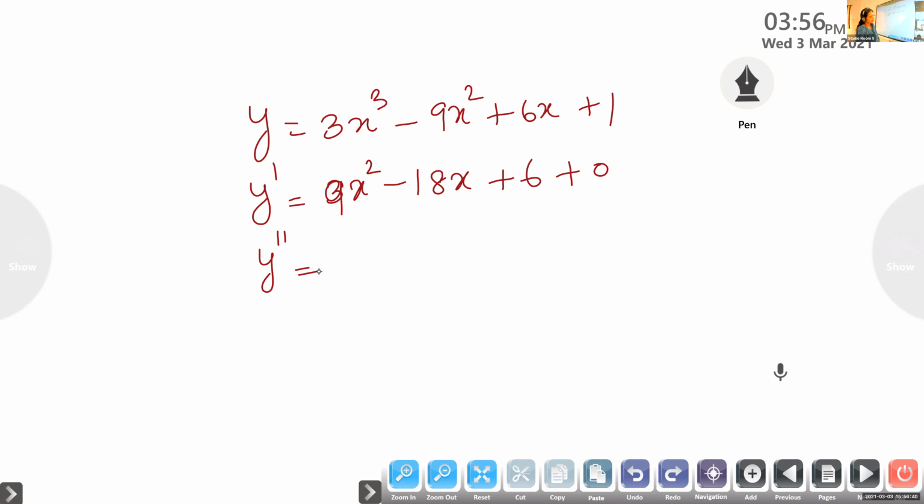What will be y double dash? 18x minus 18, plus, what is derivative of 6? 0. So it is 18x minus 18.